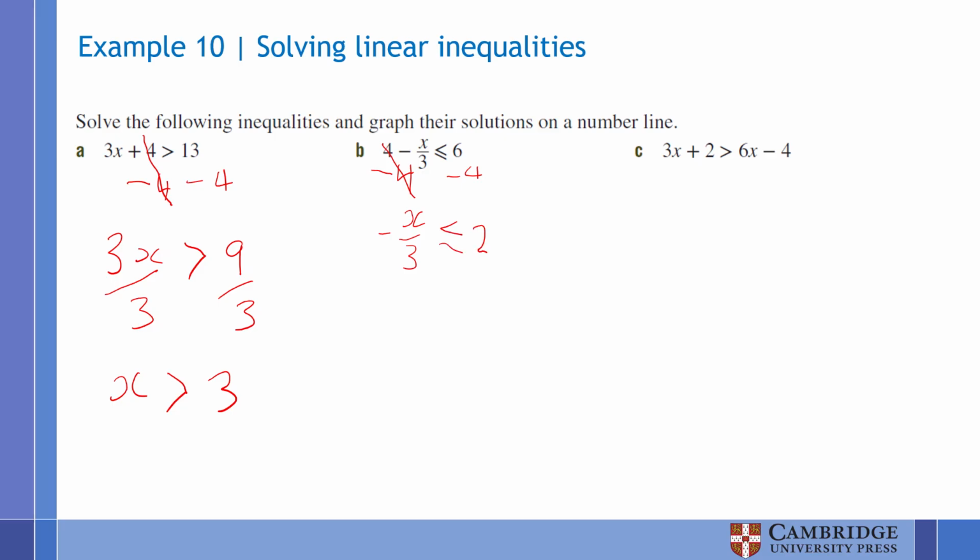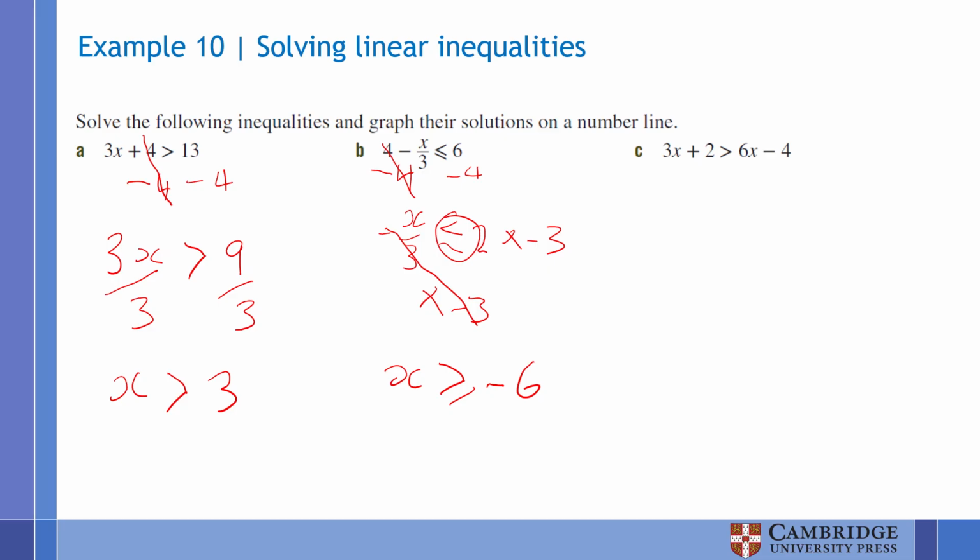Now I've got negative x on 3, so I'm going to multiply by -3 to both sides. These ones are going to cancel out, so I'm left with my x. Now I've multiplied by a negative, so my sign needs to change. So x is going to be greater than or equal to, and 2 times -3 is -6. So same process, the only thing we need to remember to do is switch the direction of those signs there.